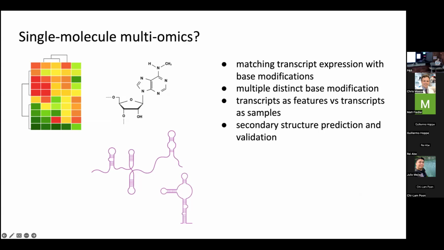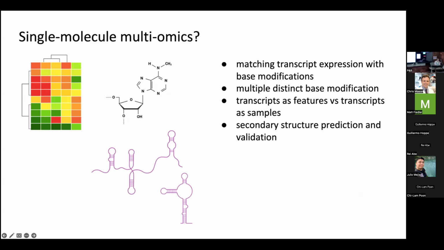So yeah, there are methods that allow us to check base modifications, and we can relate base modifications with transcript expression. This definitely we can check multiple base modifications, and usually what we would have would be k-mers across transcripts, and then probability of one modification versus the other, right?